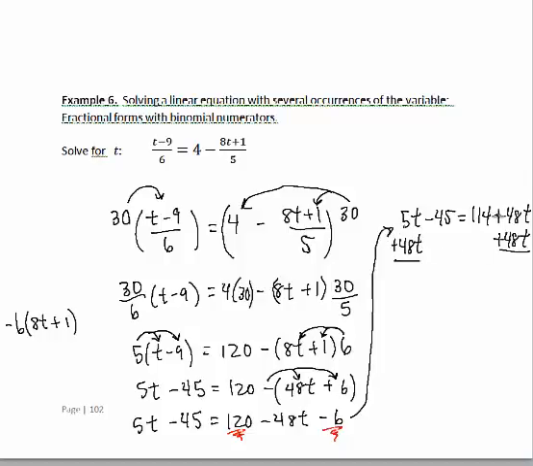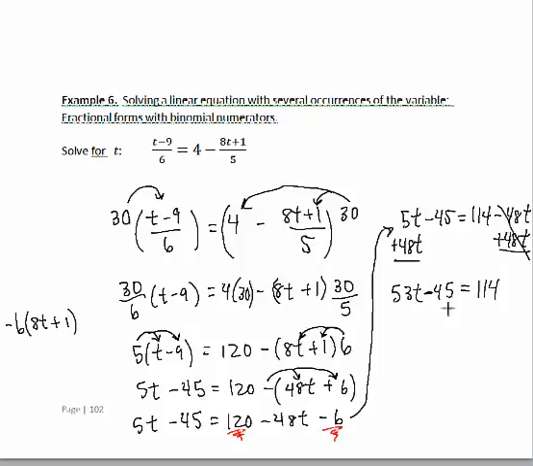So 48 started with a negative. I add 48t to move it to the left side. On the right, the 48t would cancel, leaving only a 114. 48 plus 5 is 53. Bring down the minus 45 along with it.